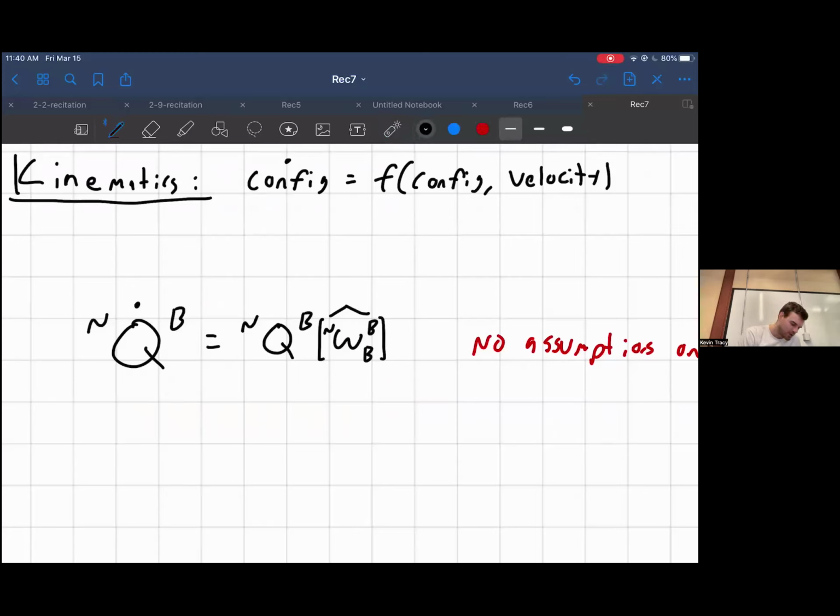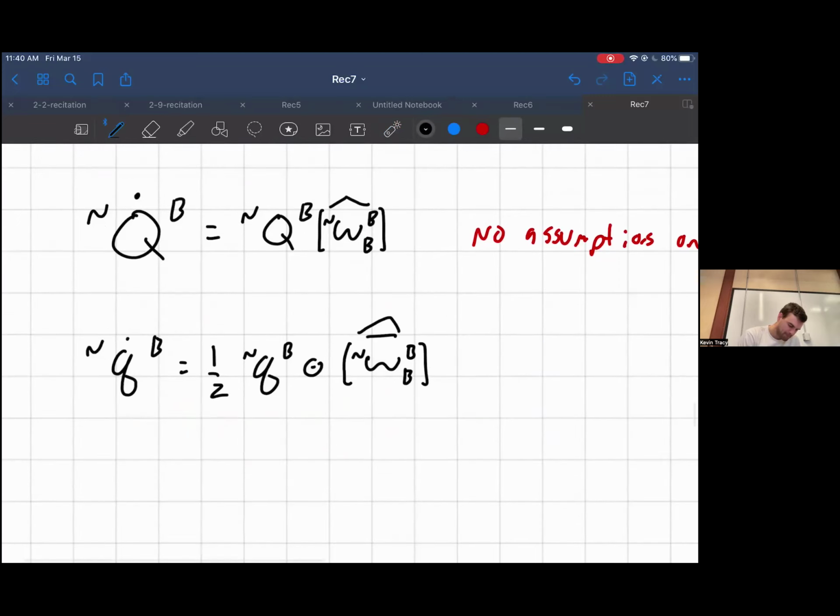And then the quaternion kinematics are very similar. Here's just another way to write this.